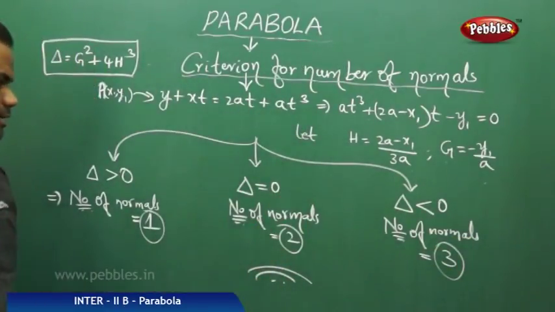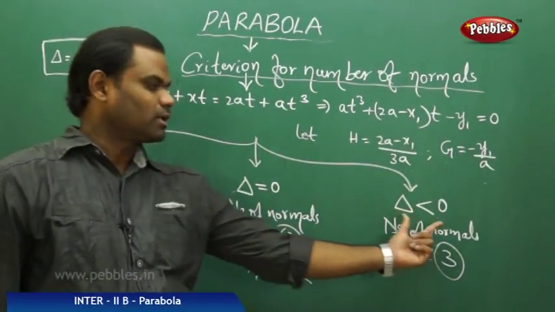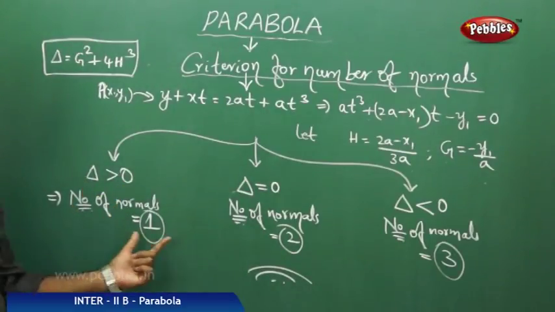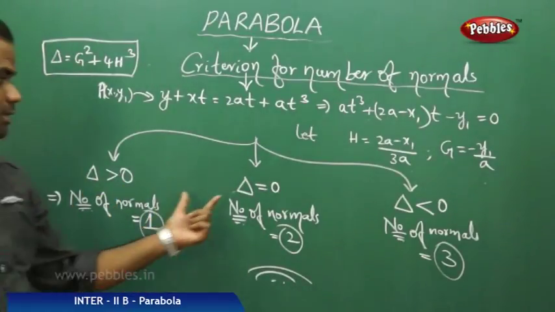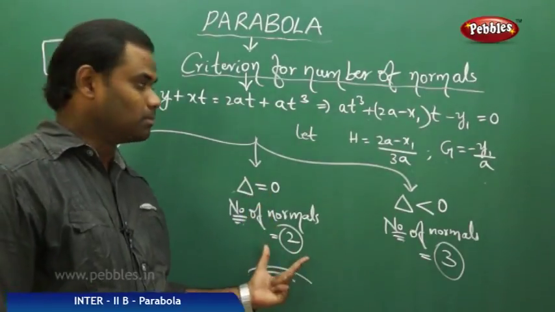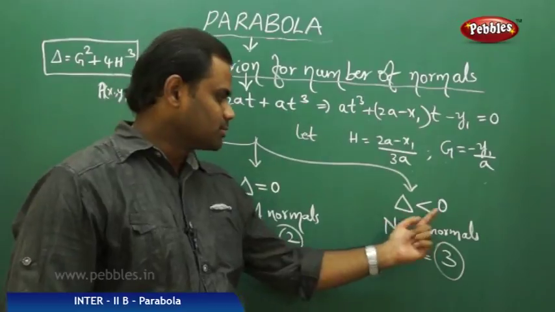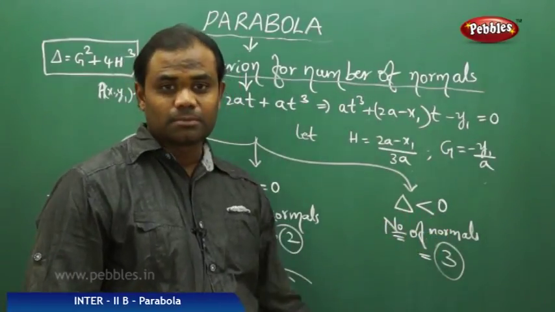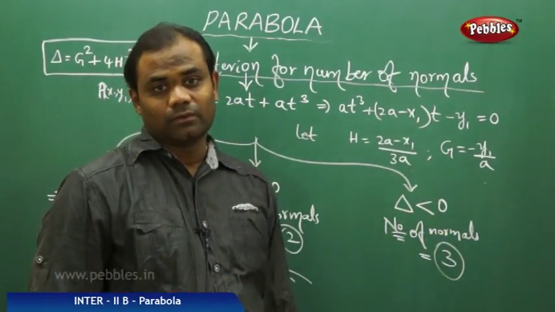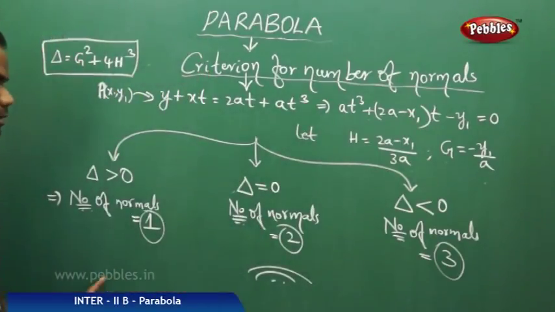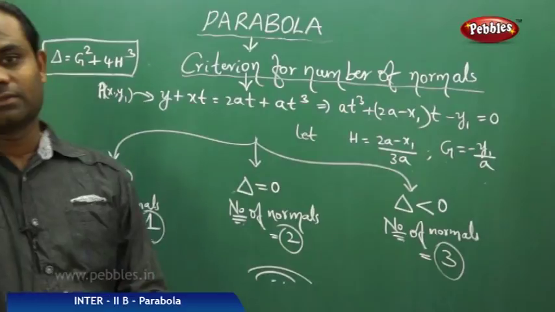This is how I understand case 1, case 2 and case 3. Delta greater than 0, there is only one normal. Delta equal to 0, there are two normals passing through (x1, y1). Delta less than 0, there are three normals passing through (x1, y1) to the parabola y squared equal to 4ax. This is how we understand the three cases.